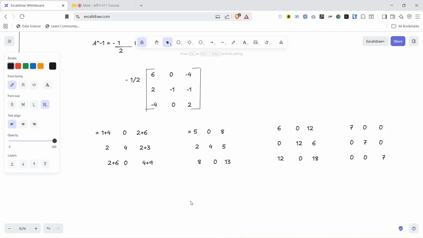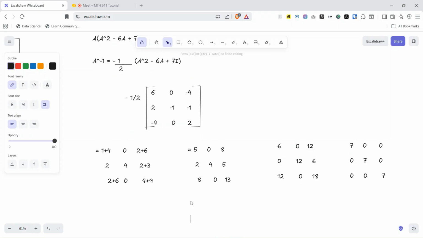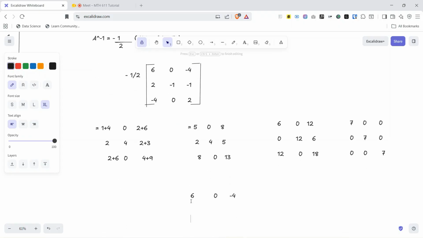So 5 minus 6 is minus 1, right? Minus 1 plus 7 will be 6. 0 minus 0 minus 0 is 0. 8 minus 12 is minus 4, right? Yes, minus 4. The other one is 0, so we don't need that. 2 minus 0 is 2. 4 minus 12 is minus 8.